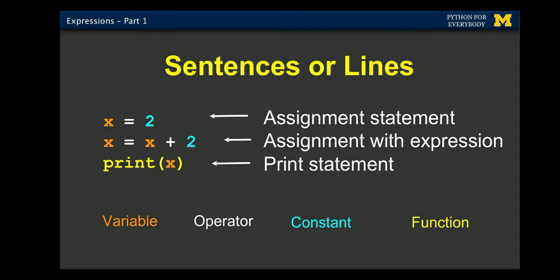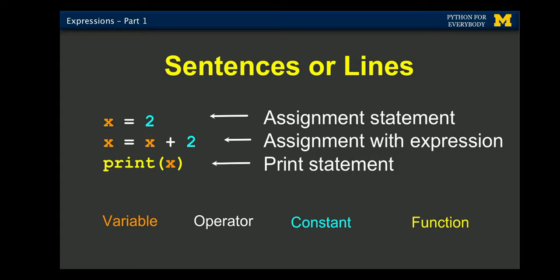Variables are the names x, y, z, anything that you can assign to a block. Operators are the assignment operator, plus, minus, divide, multiplication, and all those operators you will use in the future. Constants are any values that cannot be changed. And a function is a predefined function which is used inside of the Python program to get some output.